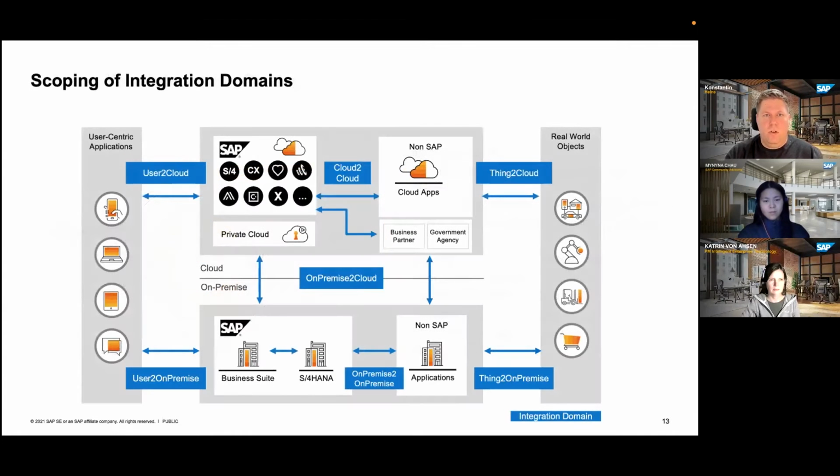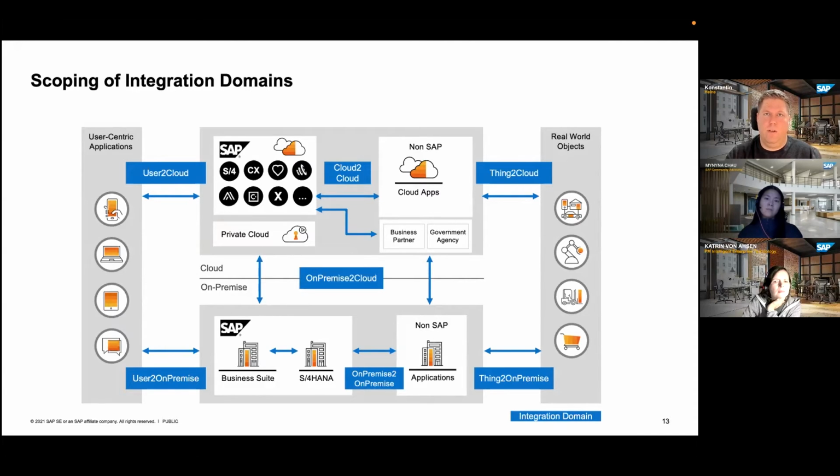So how do you concretely do that? Number one is, as part of the methodology, we provide so-called integration domains. The first step is you cluster from an outside-in perspective your integration scenarios by domain. So for example, you can see here that on the left-hand side, you have the so-called user-centric applications.